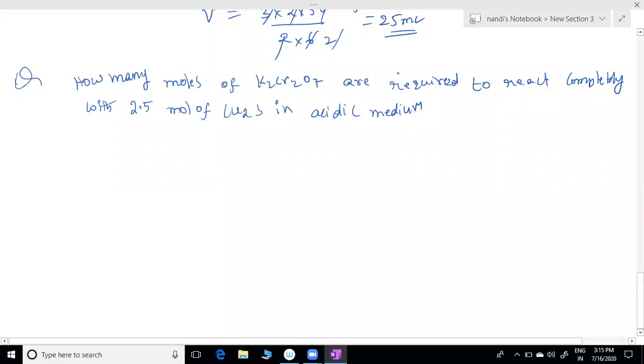So in acidic medium, Cu2S is converted into Cu2+ plus SO2.